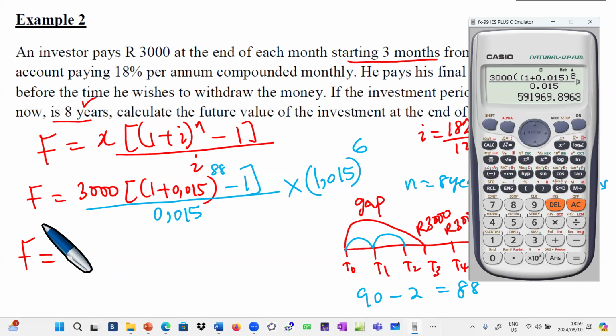Okay, wait a minute. I'm still checking to make sure that everything is okay. 591,969 rand and 90 cents.